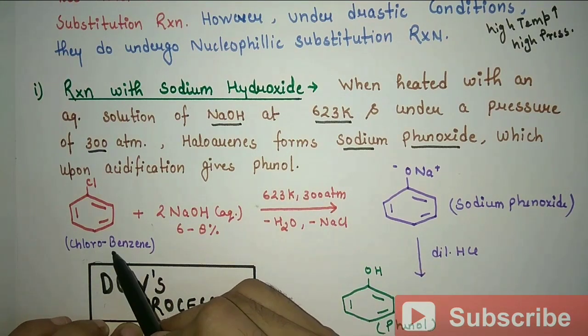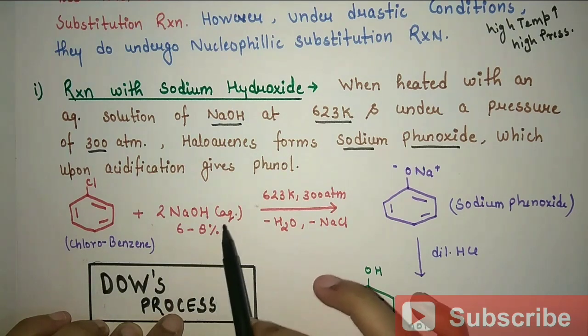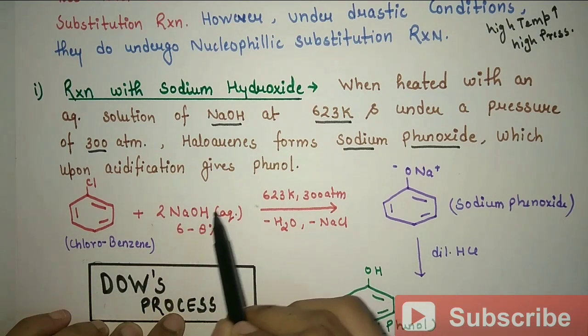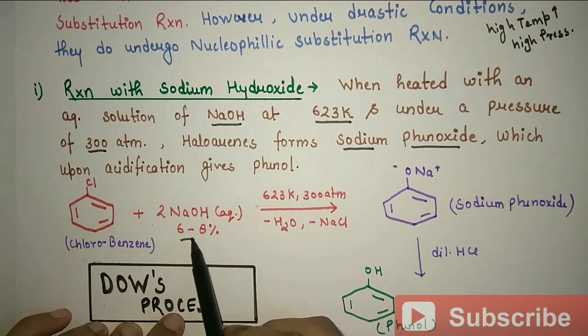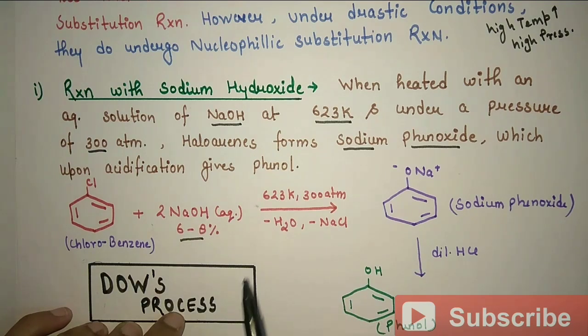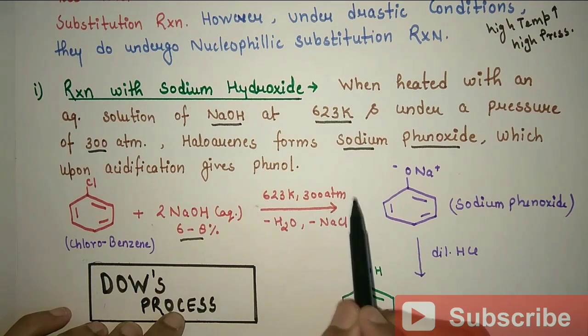Let's see here. I have taken chlorobenzene. It reacts with an aqueous solution of sodium hydroxide, whose concentration is around 6 to 8%, under drastic conditions.